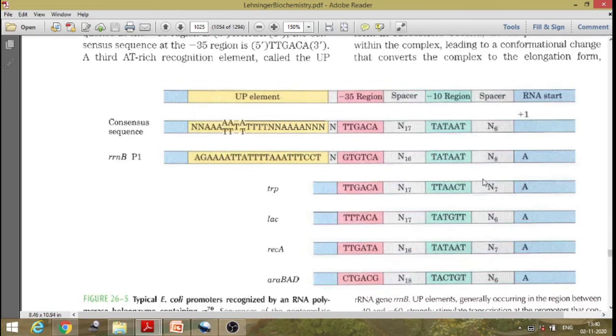And you can see there is a spacer region between the -35 region and the -10 region, and between the -10 region and the RNA transcription start site.